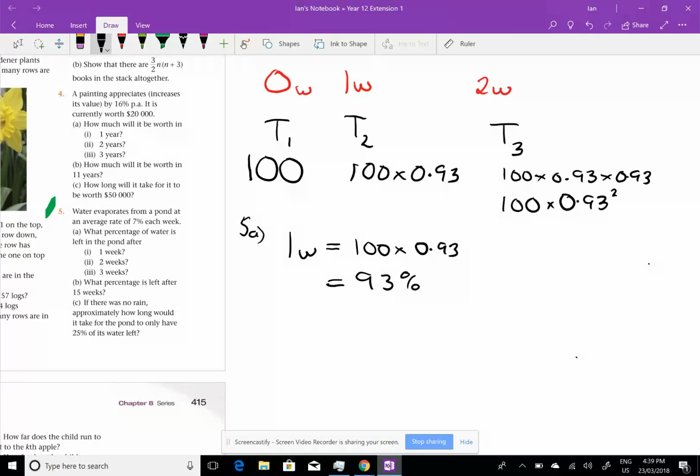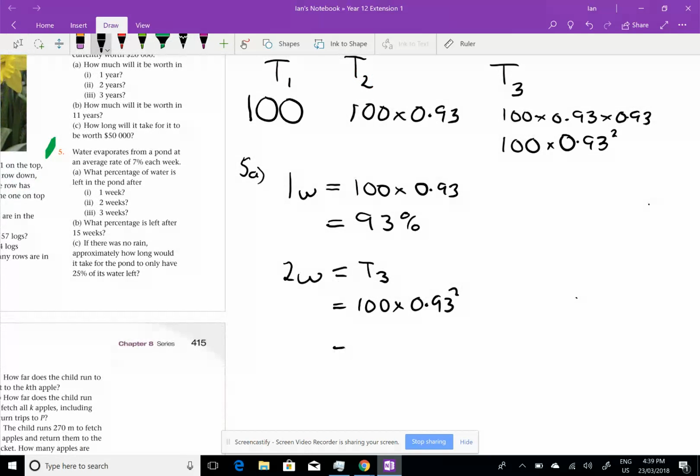Now, after 2 weeks, well, I've got that there, 2 weeks. Now, this is what I'm going to write. This is term 3. And that equals 100 times 0.93 squared. Which, if I go to my calculator, 100 times 0.93 squared gives me 86.49%.